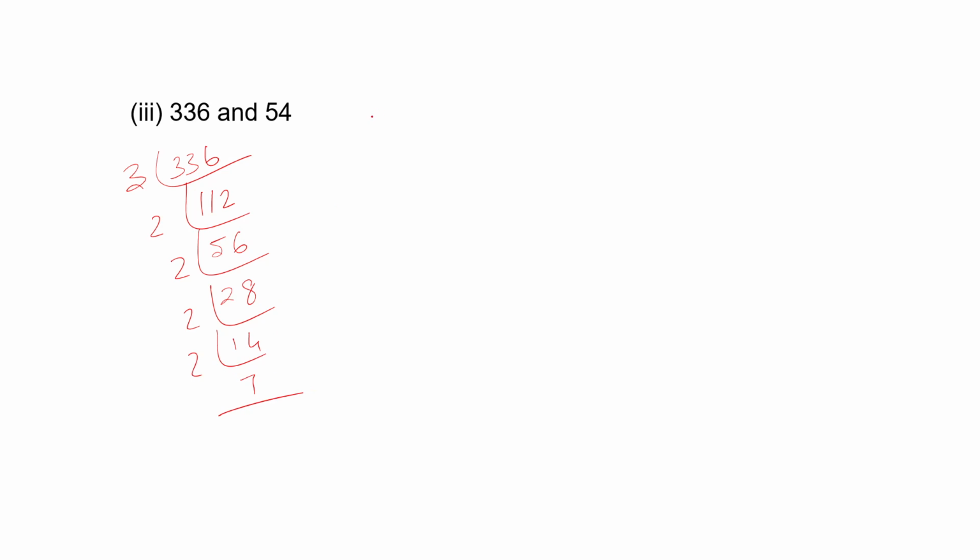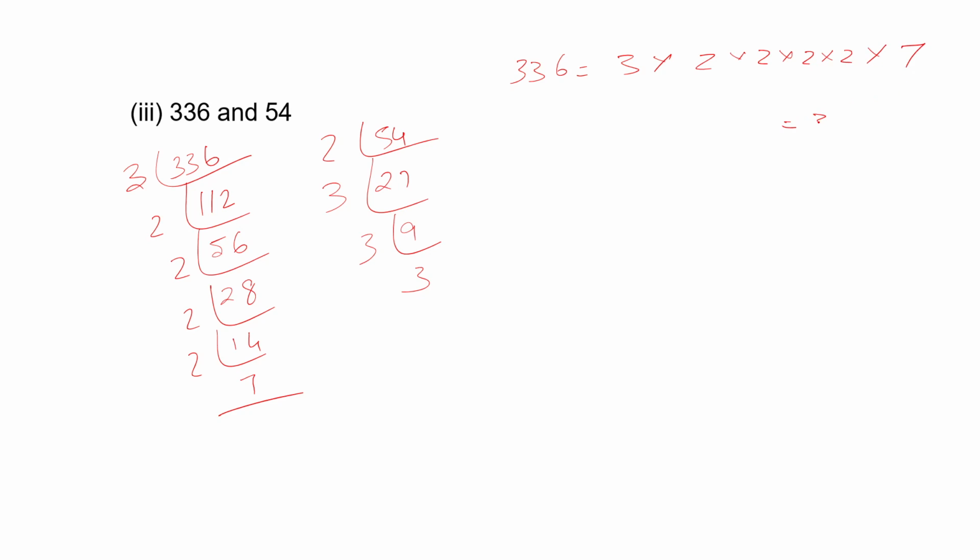So 7 is a prime number. Done. So the factors of 336 are 3 into 4 times 2 into 7. You can write it as 3 into 2 power 4 into 7 also.